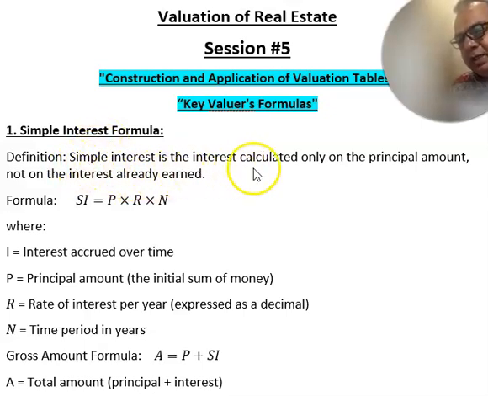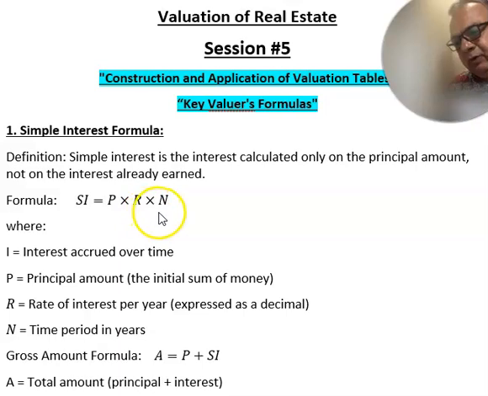Simple interest is the interest calculated only on the principal amount, not on the interest already earned. So simple interest formula, P is the principal amount, R is the rate of interest, and N is the number of years. So this is simple interest formula.